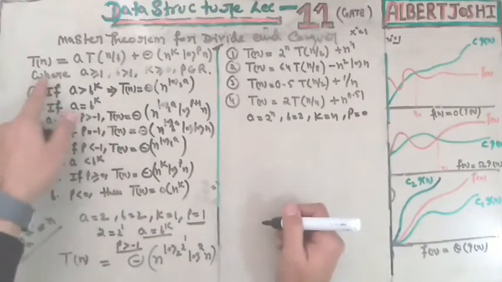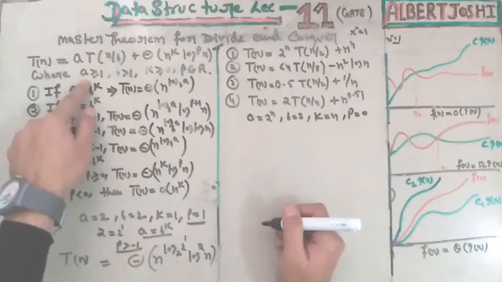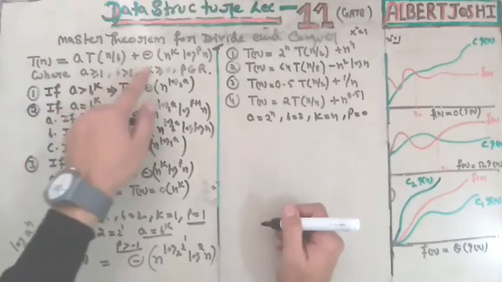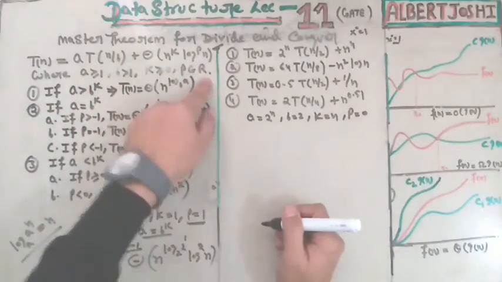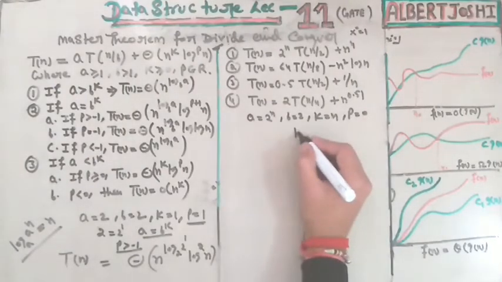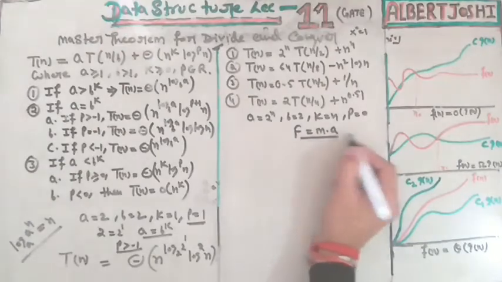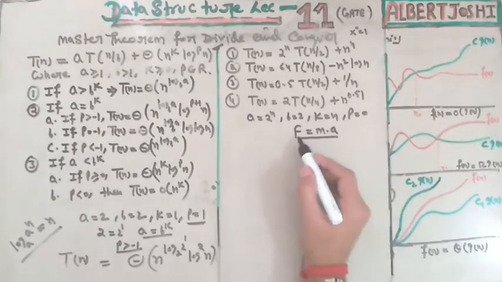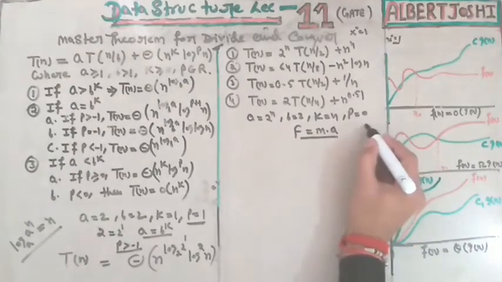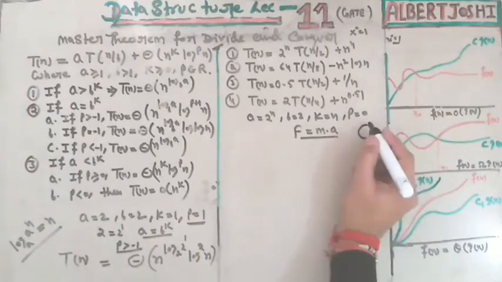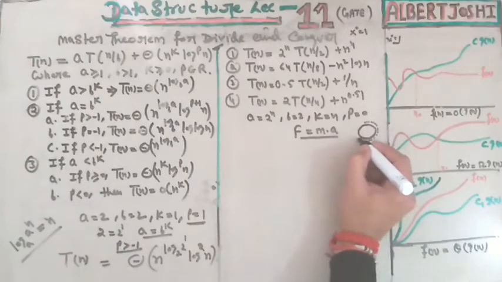The first thing you must note is that a is greater than or equal to 1, b is greater than 1, k is greater than or equal to 0, p belongs to real numbers. Now you must note that F is equal to ma. At first we are talking about this. You know that this is your earth. In the earth, your mass is constant everywhere, even if your velocity is very fast.